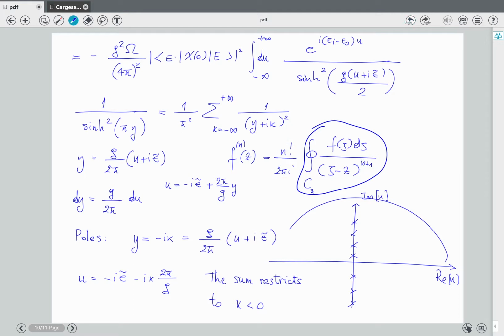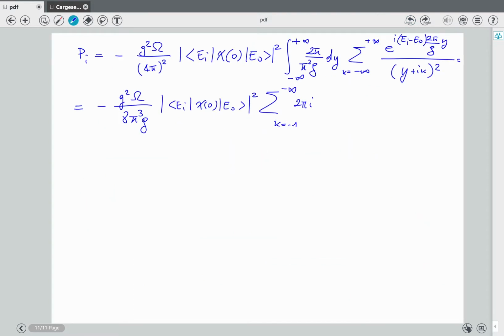But the important thing is that we have to compute the first derivative of the function and not just the function.